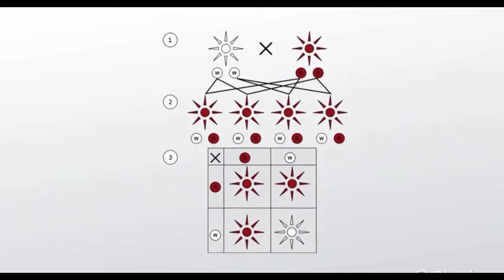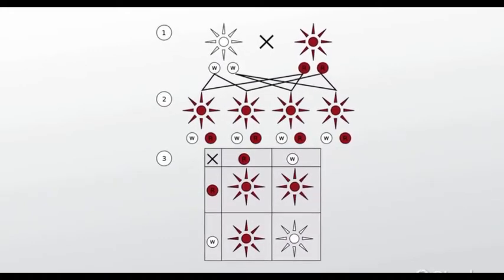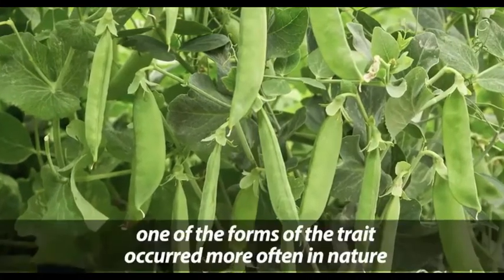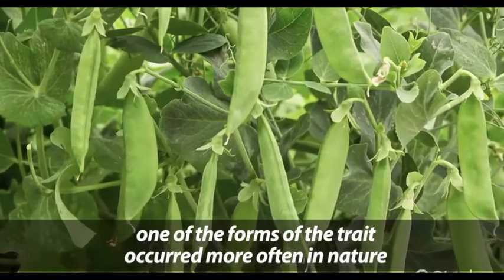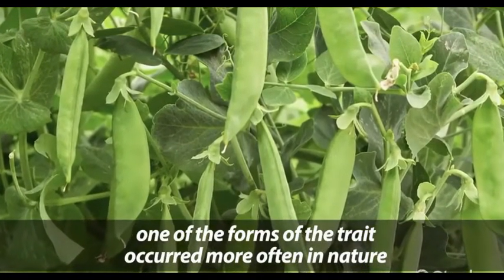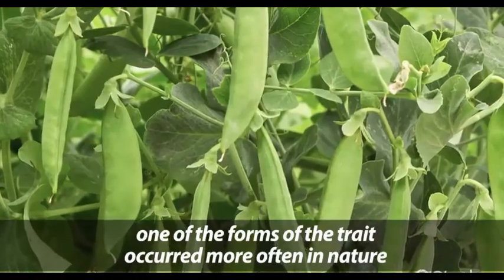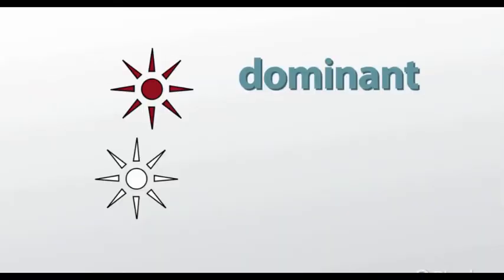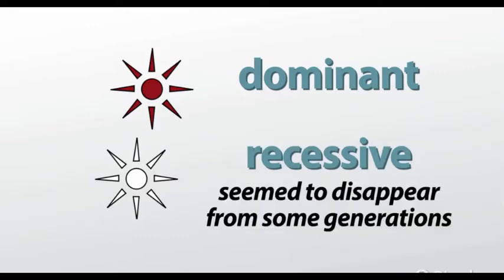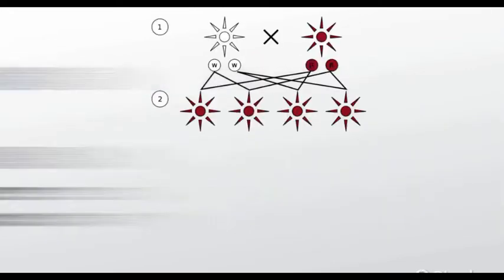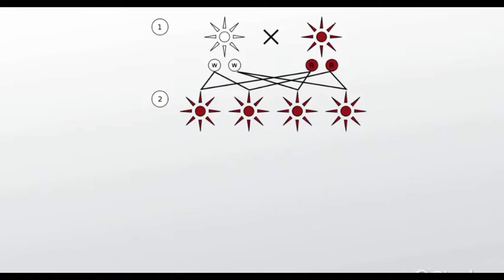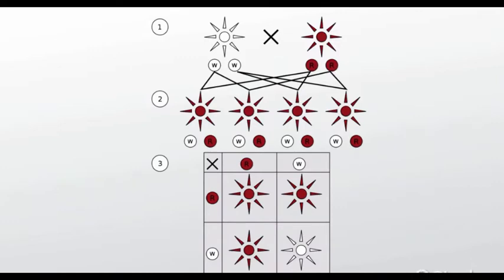So Mendel decided to find out what happened in the next generation if he crossed those plants with each other, creating monohybrid crosses. Dominant and recessive traits became something that Mendel really focused on in his work. He noticed that one form of the trait occurred more often in nature. This was the form that always appeared in his first generation of hybrid crosses.